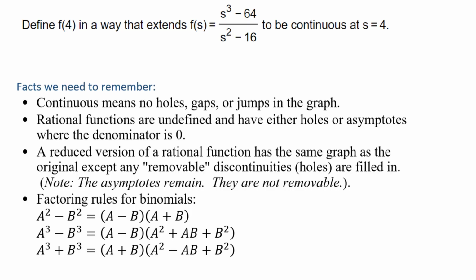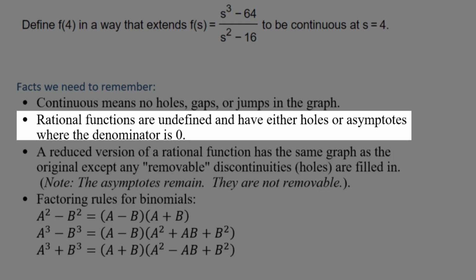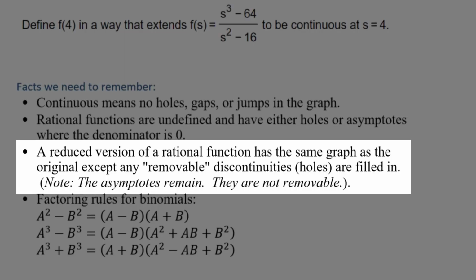Now we know that rational functions, like this one, that are fractions made of polynomials, are undefined and either have holes or asymptotes wherever the denominator is equal to 0. We also know that if you reduce that rational function to lowest terms, the new reduced version of the function has the same graph as the original, except any holes have been filled in.